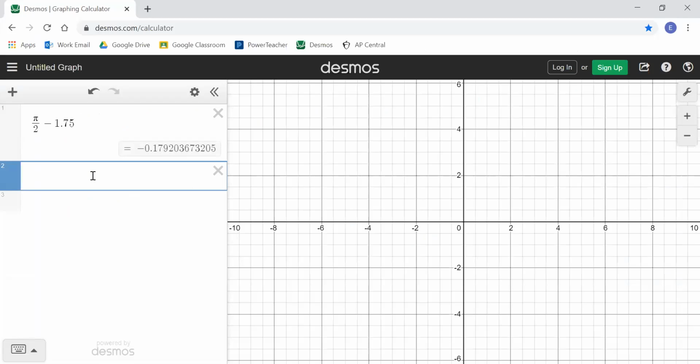And what were we actually looking for? We were looking for the cosine of 1.75. Well, it's pretty close, right? I mean, we're off by, looks like 1/1000th. So that's a pretty darn good approximation. Good enough, I think, for pretty much any case we want. Do you guys agree?